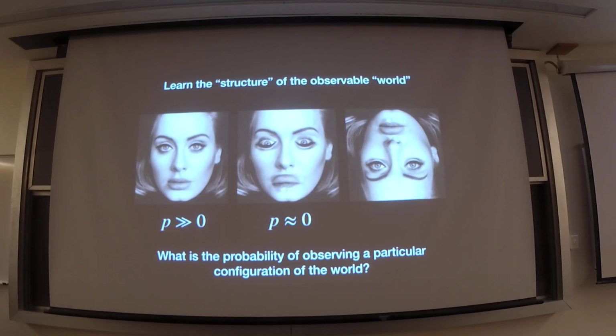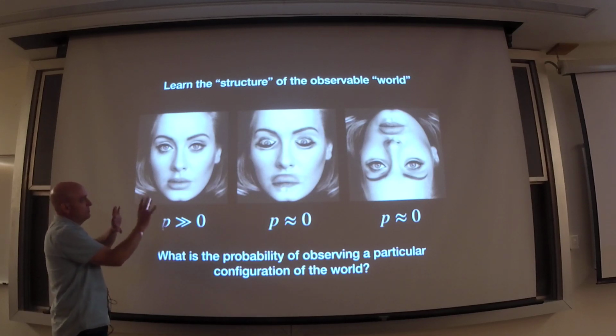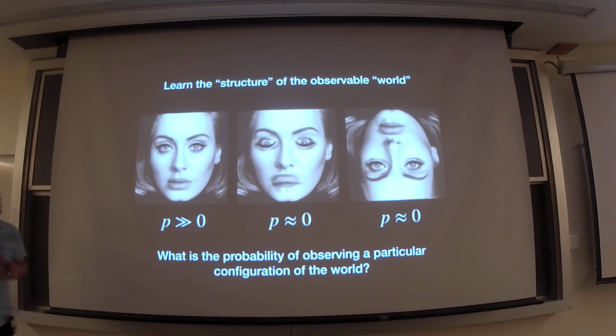And this other one, you can decide for yourself what your world is like, but because that's just a rigid rotation of that image, it should also be assigned probability 0. So capturing how likely an arrangement of pixels is in our world tells us about the structure of our world.